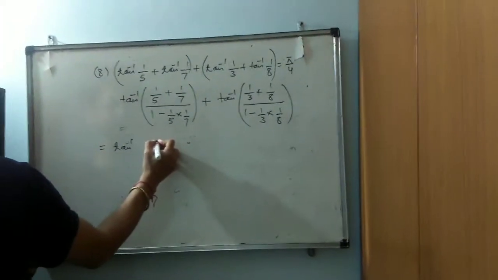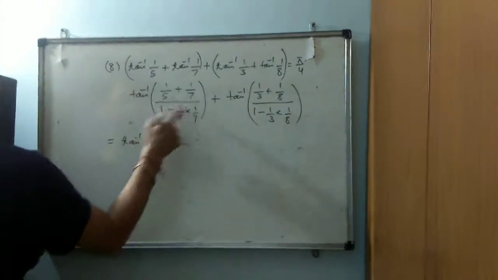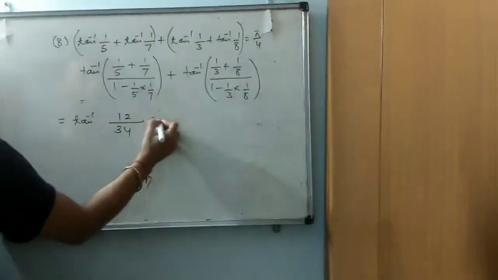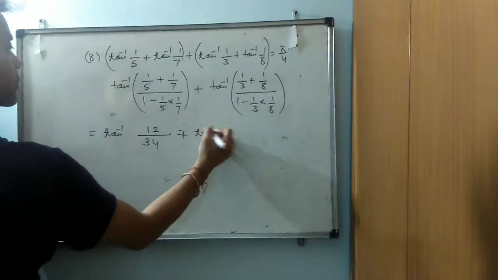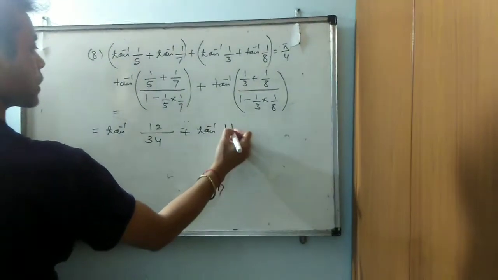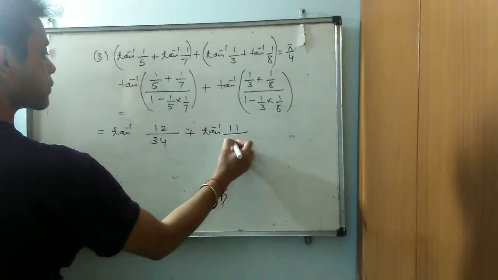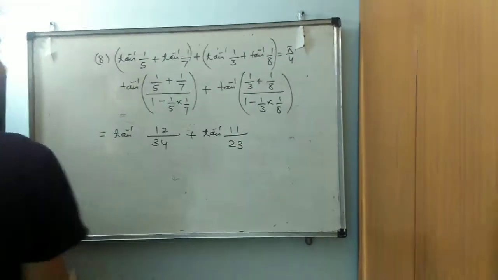That is giving us tan inverse 12 upon 34 plus tan inverse 11 upon 23.